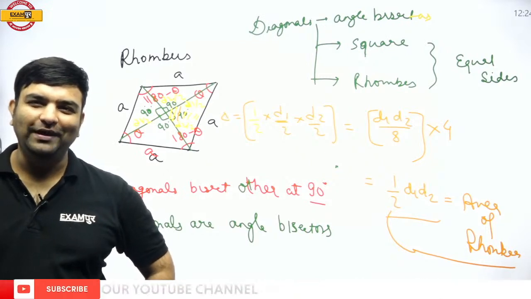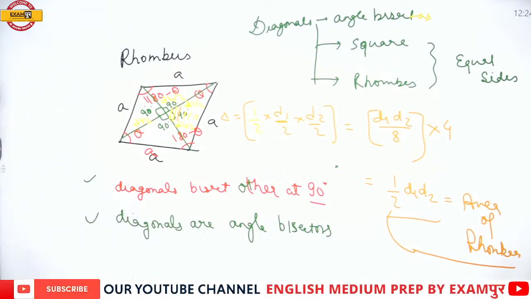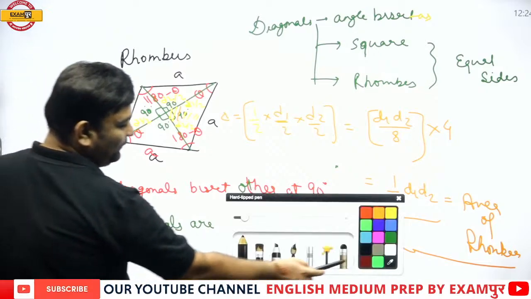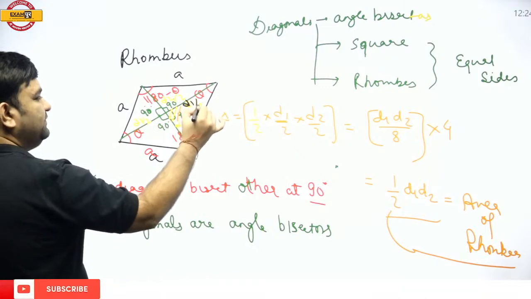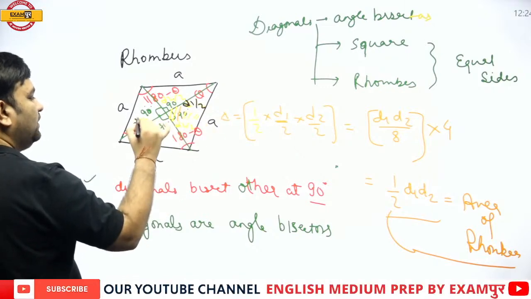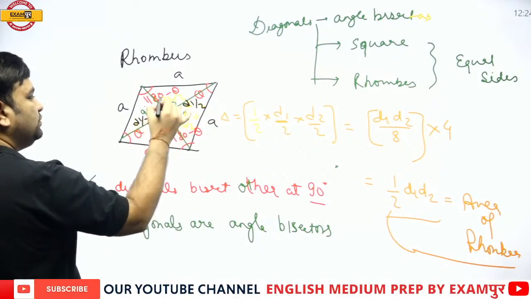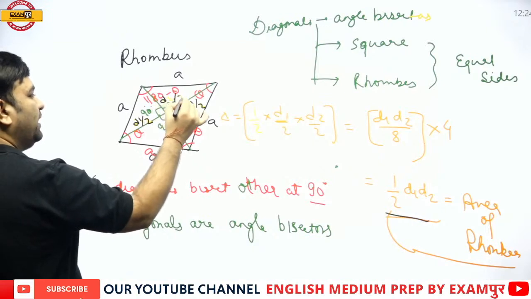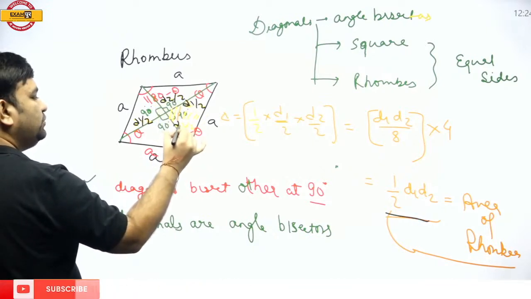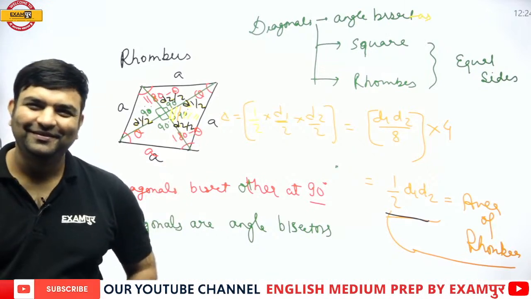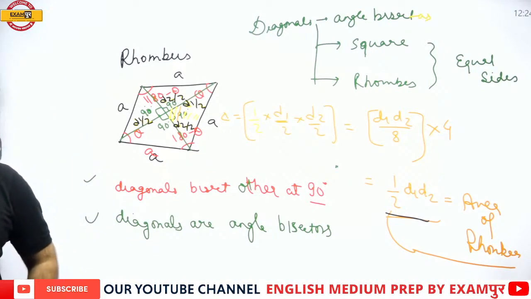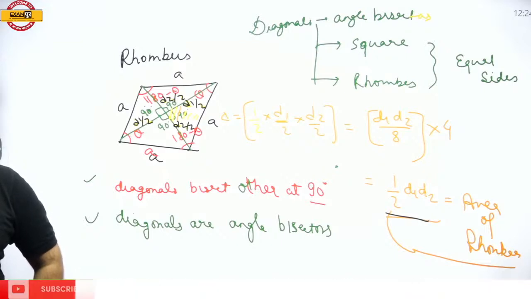The sides are half of the diagonals: d1 by 2 and d2 by 2.